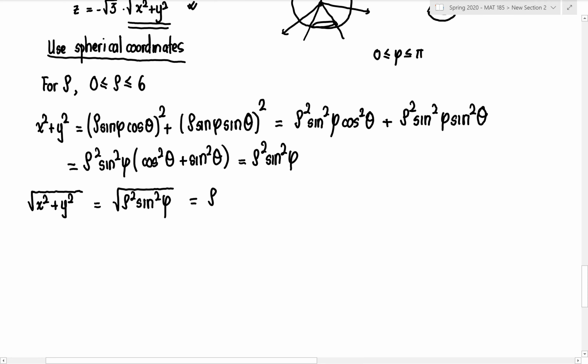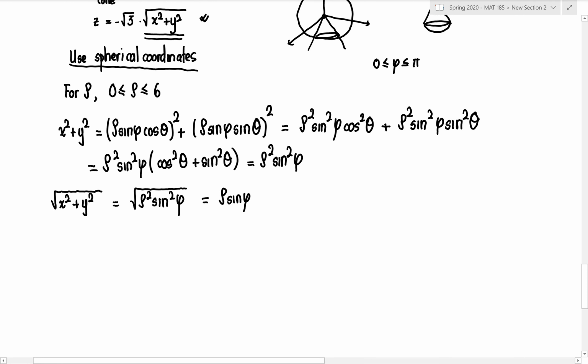Remember, that's the limit for phi. It's always between 0 and pi. And when phi is between 0 and pi, sine is always positive as well. So when I take it outside the square root, I get rho sine of phi. All right, so in general, when we're looking at spherical coordinates here, square root of x squared plus y squared is rho sine of phi.